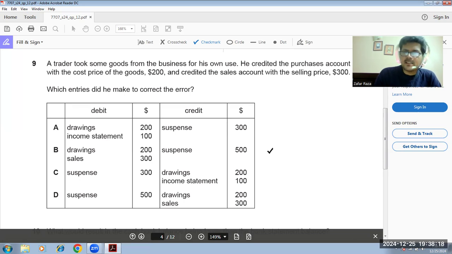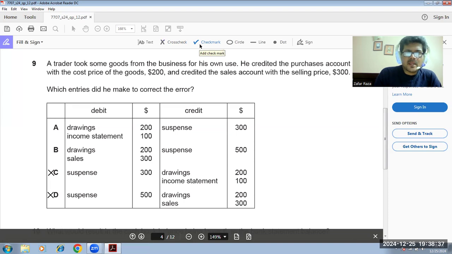Whenever drawings is always debit. So he forgot to debit the drawings. So it means these 2 options, C and D, are useless. The answer is either option A or B, depending upon the situation.